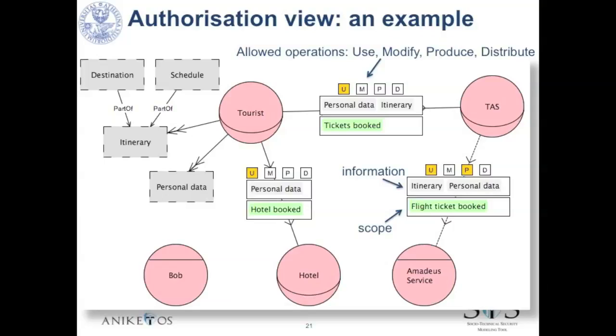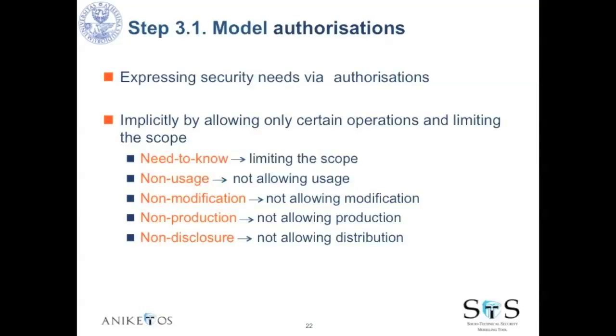On the other hand, we assume here the tourist is directly interacting with a hotel to book the tickets, and for this, he's passing the hotel the authorization to use his personal data in order to achieve hotel booked. Okay, when we have modeled the authorizations and have specified what we expect the other party to comply with in respect to how the information is to be manipulated, in a way we are expressing certain security needs of how we expect our information to be used, modified, produced, or distributed.